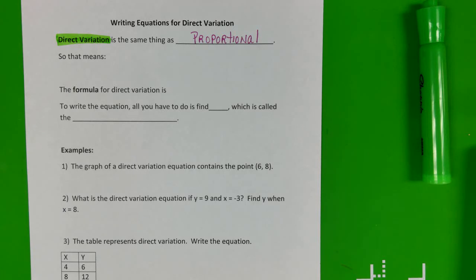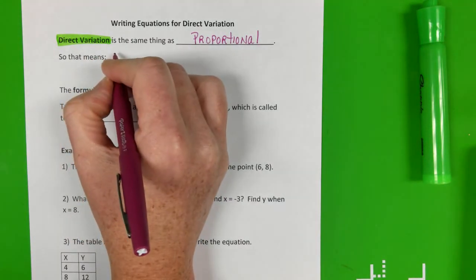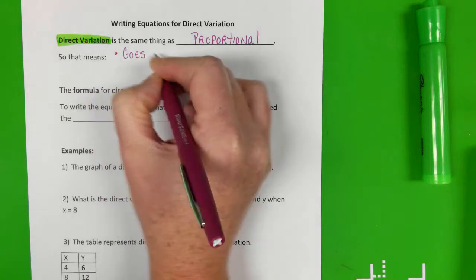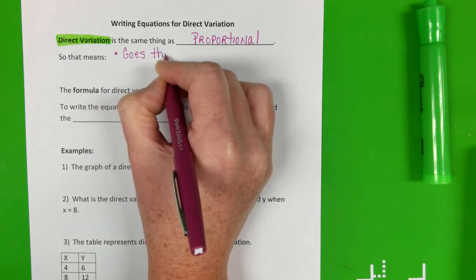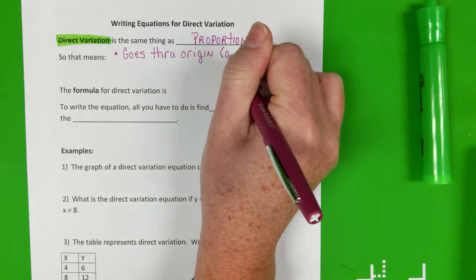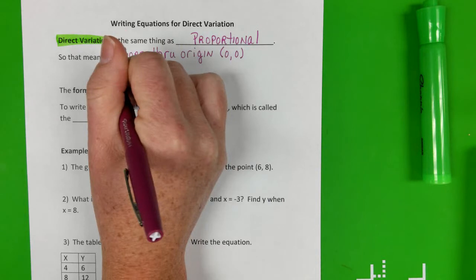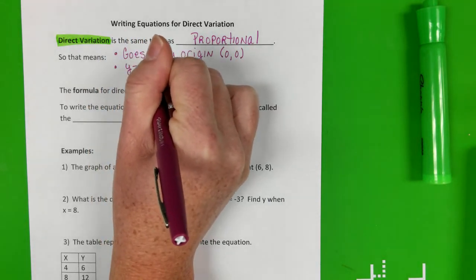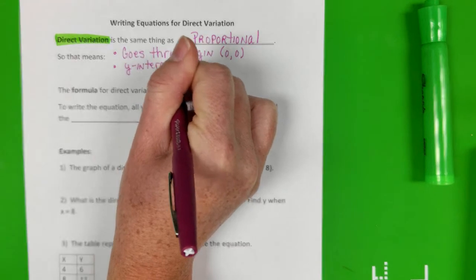So let's review what it means for a representation to be proportional. Number one, if it's on a graph, the graph goes through the origin, right? And we know that the origin is 0, 0. That's the same thing as saying that the y-intercept is 0.